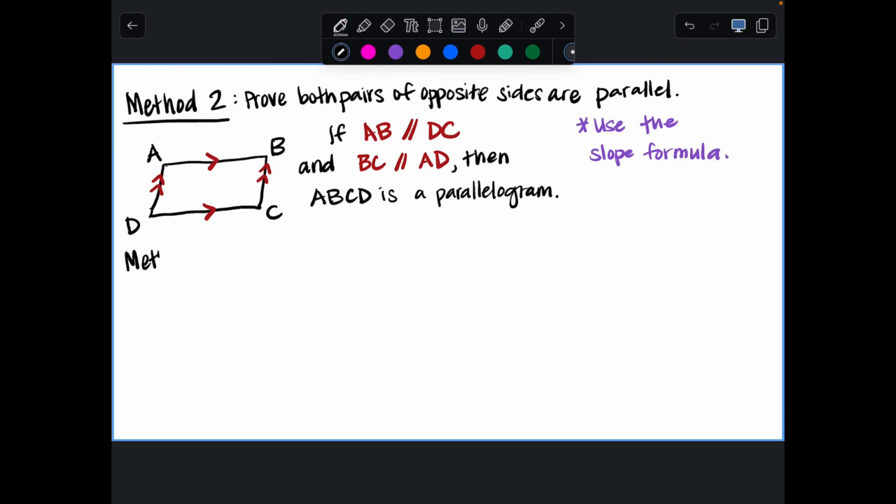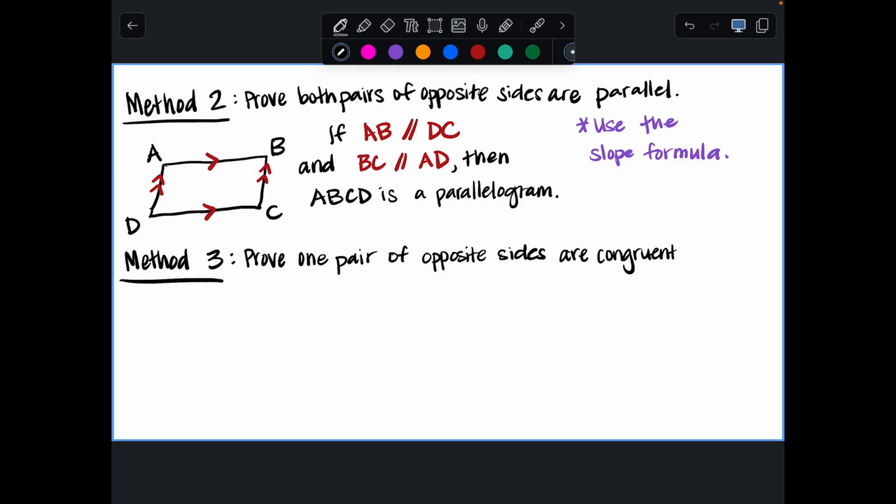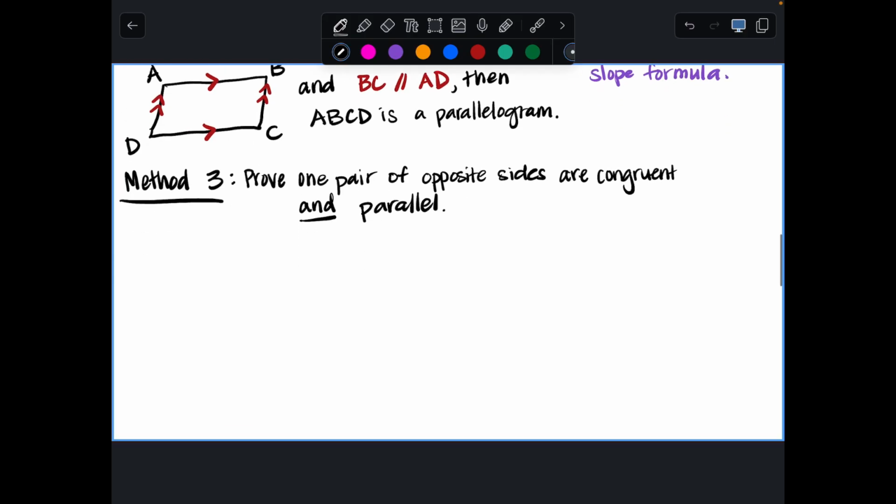And the third method, we're proving one pair of opposite sides are congruent and parallel.